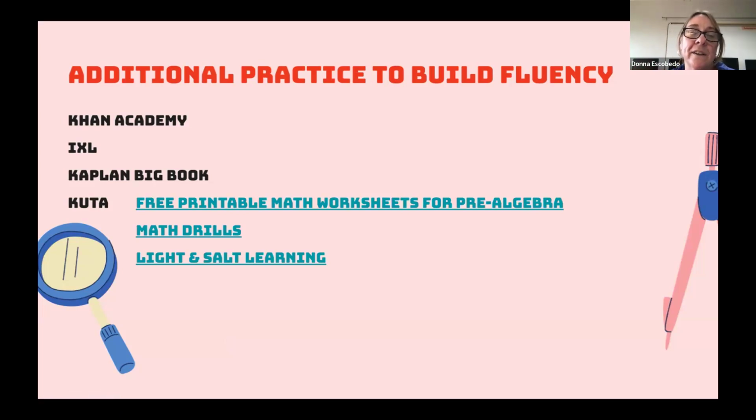So whether it's Khan Academy or another online learning, or Kaplan Big Book, which is real popular with the GED crowd. Those types of resources, math drills, free worksheets, just to get more practice going. And the last resource on here, Light and Salt Learning, is designed and focused on GED also, and they've got some great resources and practice there too.